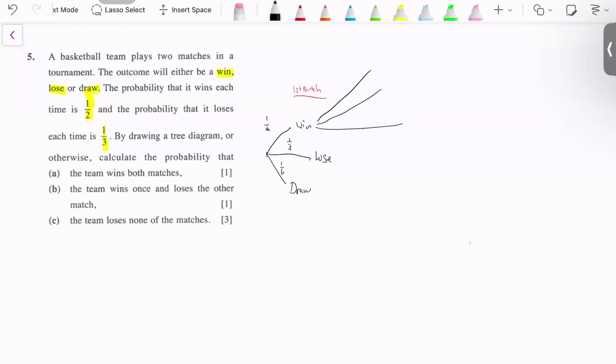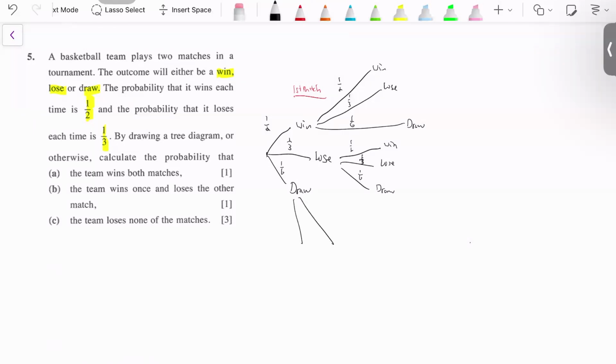Same thing, win, lose, and draw. Since the result of the first match does not affect our second match, the probability stays the same, which is half, 1/3, 1/6, and same for the other one. Win, lose, draw. Half, 1/3, and 1/6.